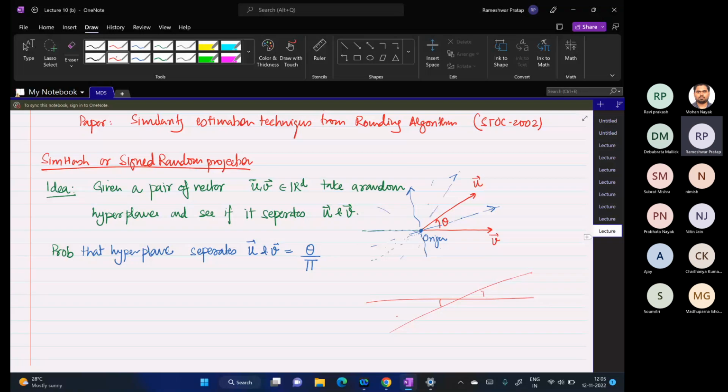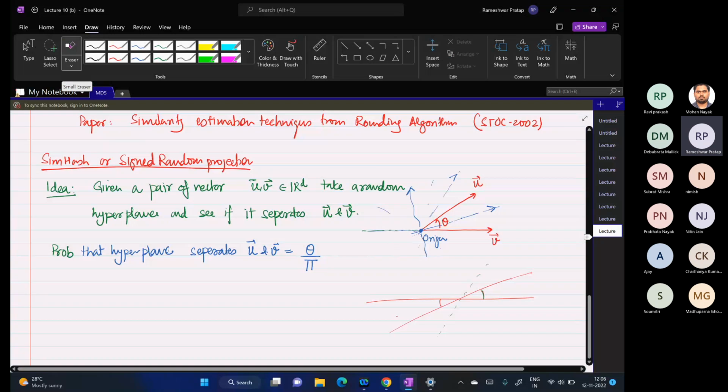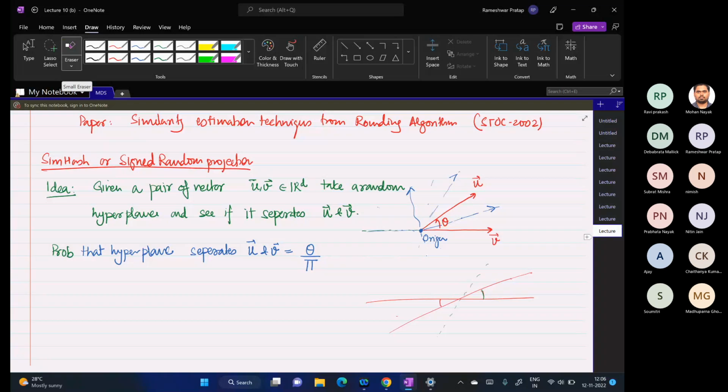If you take a random hyperplane that separates u and v, it will be 2 theta upon 2 pi, so it will be theta upon pi. It doesn't matter. Just for pictorial clarity, we focused on the first half. Yes, I got it. Okay.